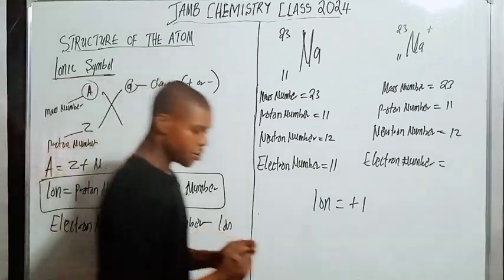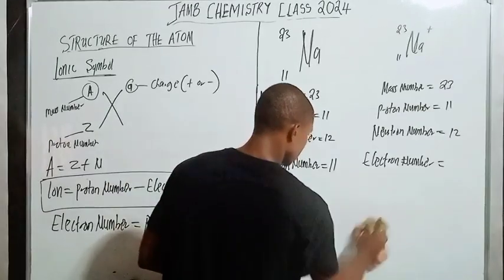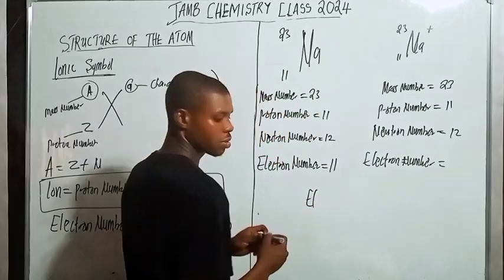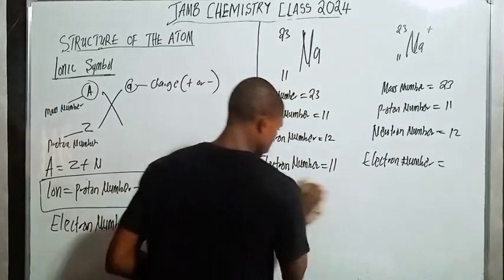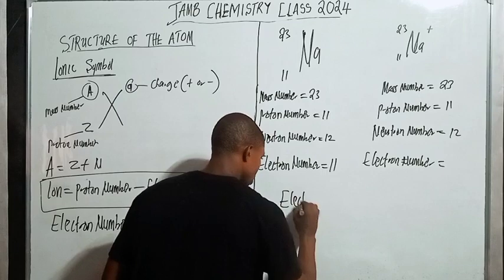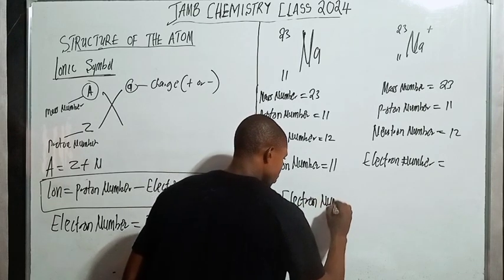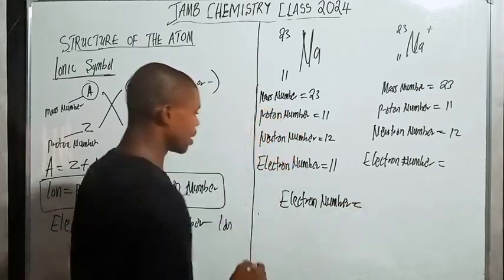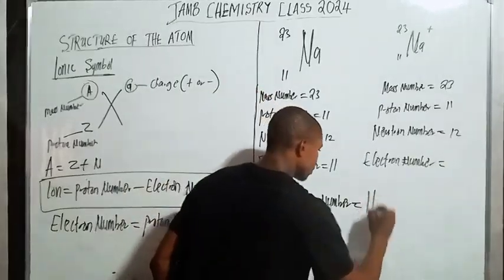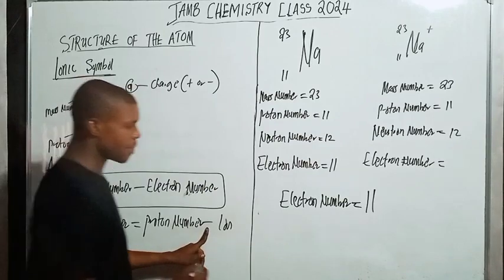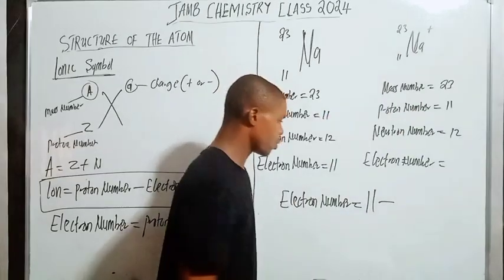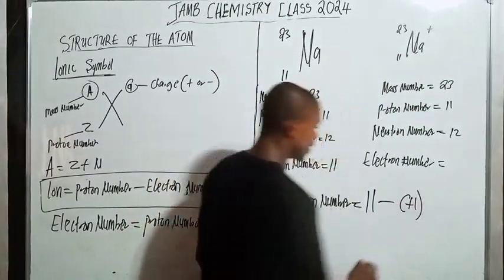So my electron number: my proton is 11, right? 11 minus, remember there is a minus here, minus my ion. My ion is +1. So +1, right there.